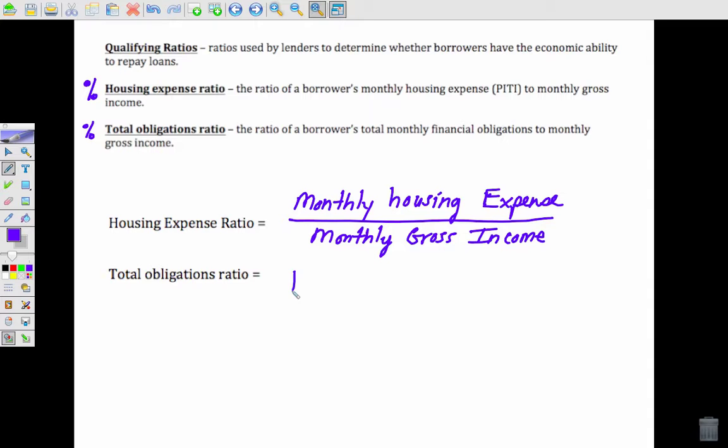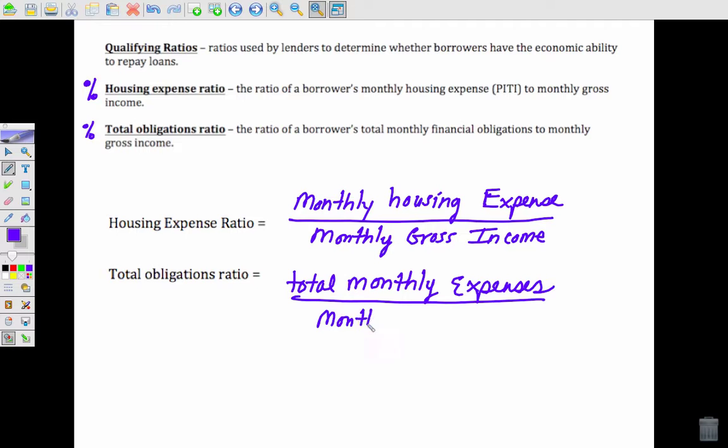And the total obligations ratio is your total monthly expenses, not just housing, but everything, divided by monthly gross income.